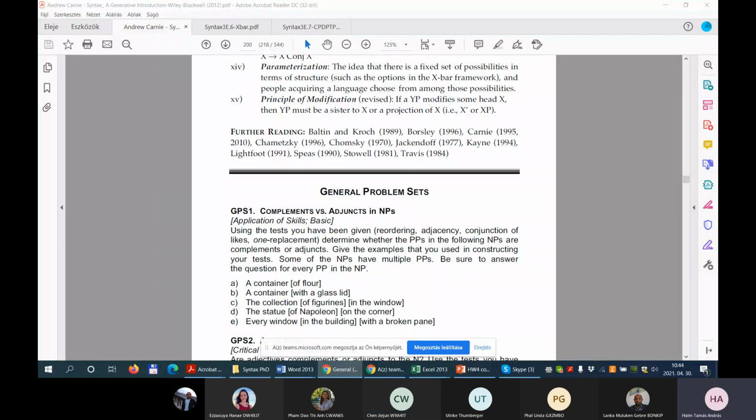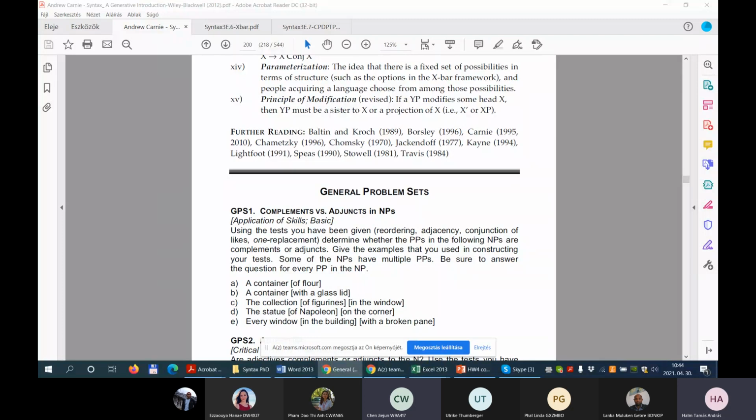So what did the tests show? What did you find? Yeah, I think this semantics test does provide some help when I'm not very sure, because, as Hannah mentioned, it is also mentioned in the book that the of PP is always a complement.